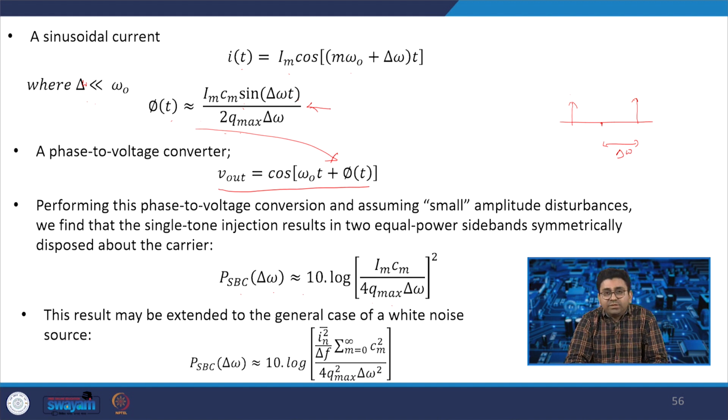Now, this result may be extended to the general case of a white noise source. So, here we can use this white noise source In square by delta f, and then instead of considering the single Cm, we consider all terms, the sum of Cm square for m equal to 0 to infinity, and this is divided by 4 q max square delta omega square, because now this is also a power quantity, and this square term is coming here.